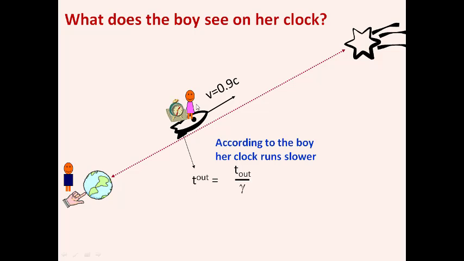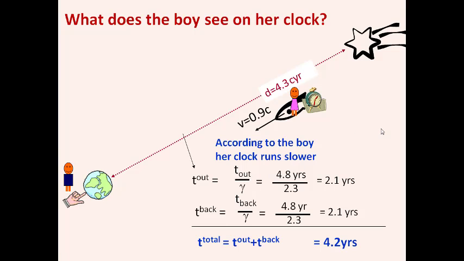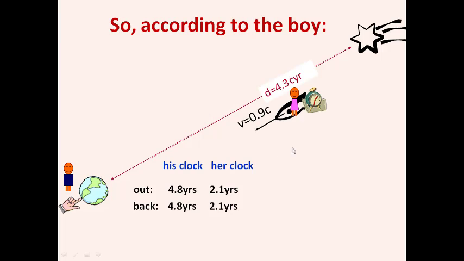Whereas with respect to the girl's clock, how much time does it take? Just imagine the time taken to reach there with respect to the relativity constant. According to her, the boy's clock runs slower, so she reaches Alpha Centauri in 2.1 years, and the return also takes 2.1 years. So according to the girl's clock, the journey takes 4.2 years. According to the clocks of the boy and girl, the difference will be high.